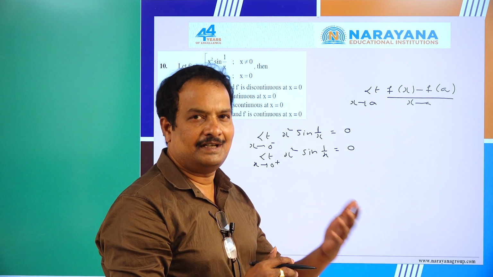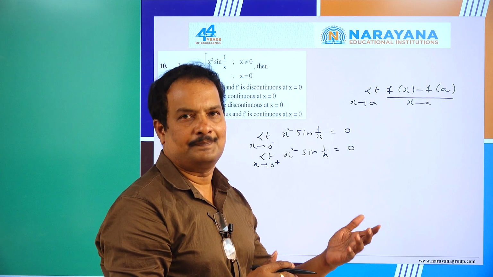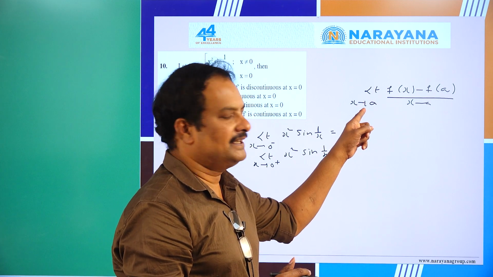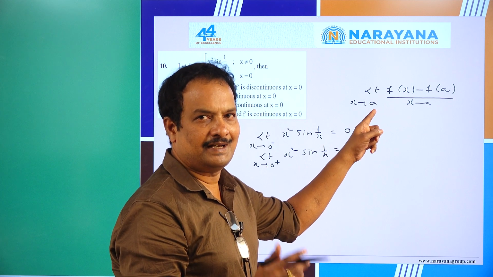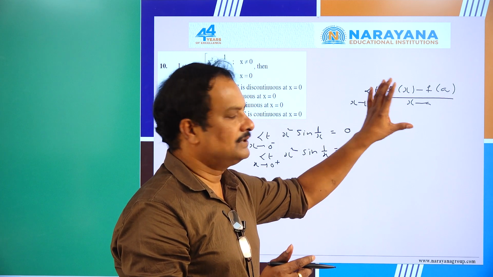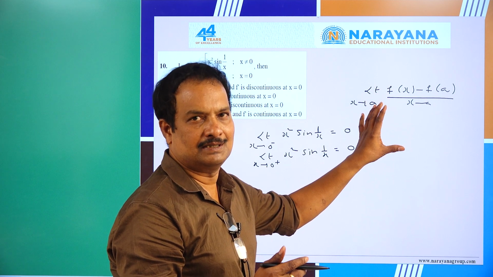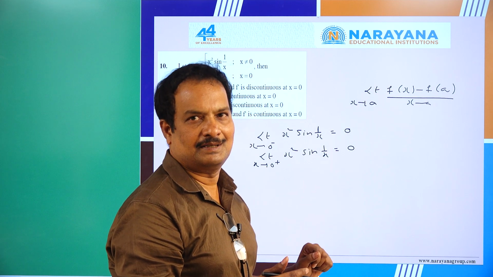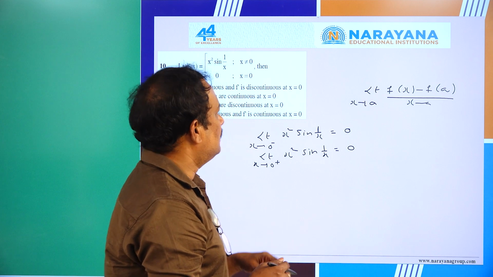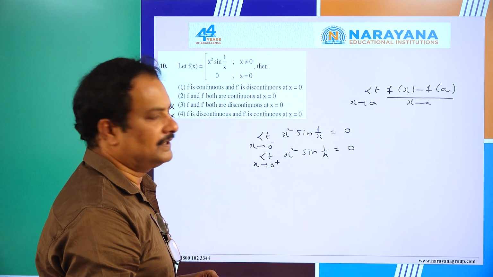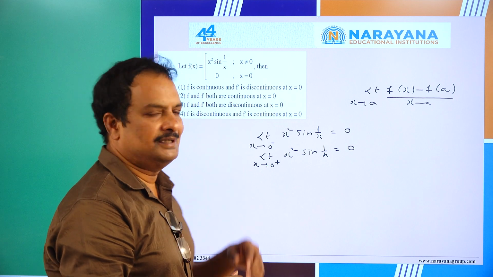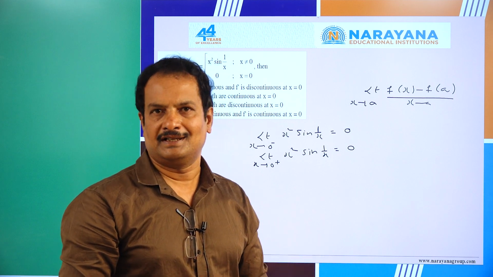If it exists as a finite value, then we will say that it is differentiable. Limit exists as a finite value means whether x tends to a from the right or left, it doesn't matter. It should approach a finite value only, and both of them must be equal also. Then only we will say that it is differentiable. So straight away, here you can take f of 0. Differentiability has to be verified at x equal to 0 only, very clear.